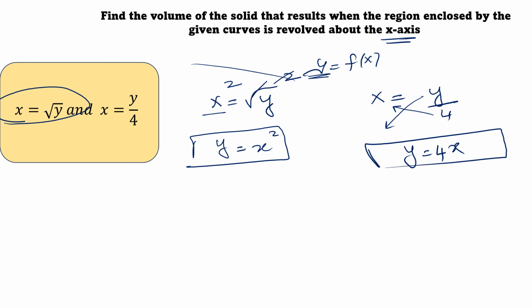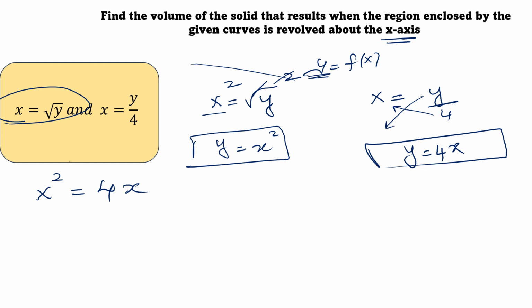Now I am good to go. Again, I don't have the points of intersection, so I will make the first value of y equal to the second value of y. Some students divide by the x or 4x, which is absolutely wrong.